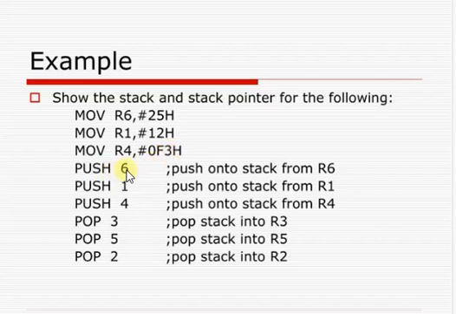Then PUSH 6, which pushes onto the stack from R6. Then PUSH 1, the value pushed onto the stack from R1. Then PUSH 4, pushed onto the stack from R4.